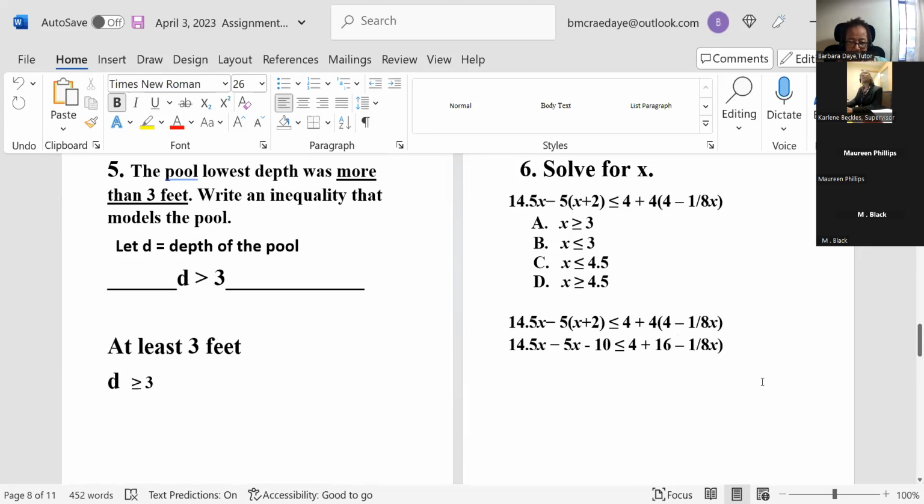Okay, hold on. 4 times minus 1 over 8x, what is that? Numerators times numerators. That's like 4 over 1 times minus 1 over 8x. What do you get?